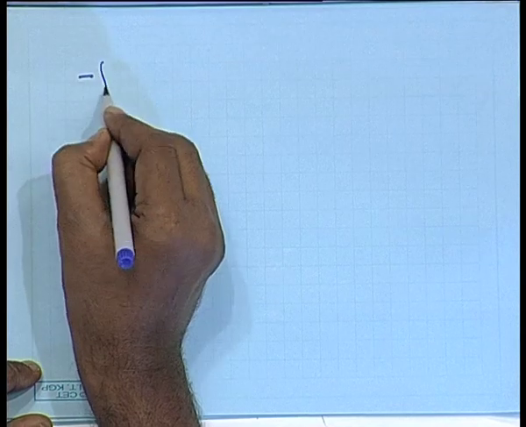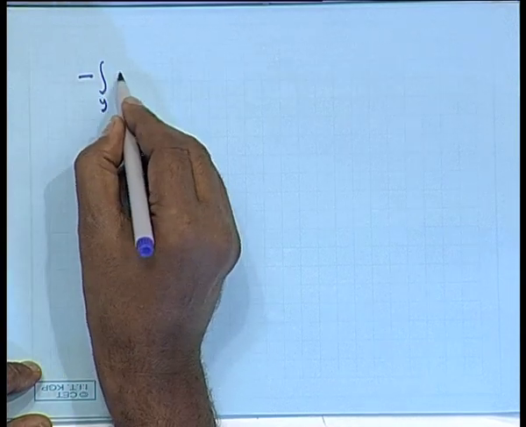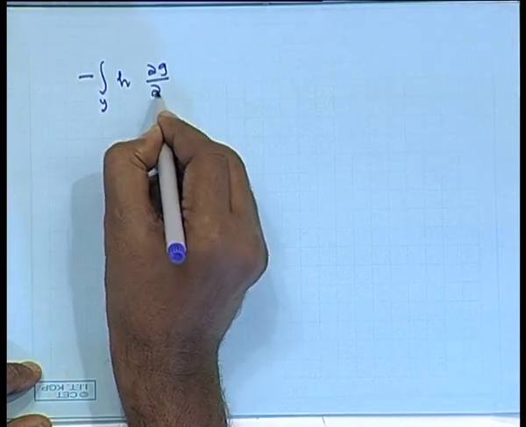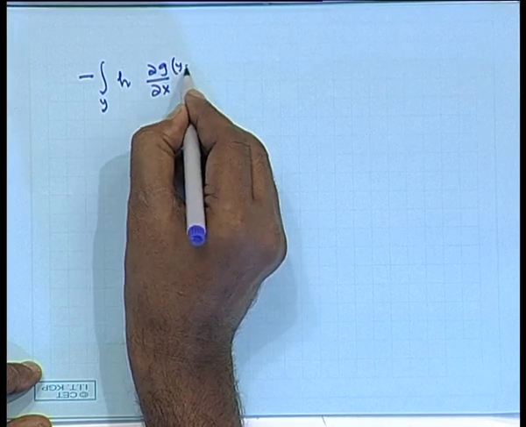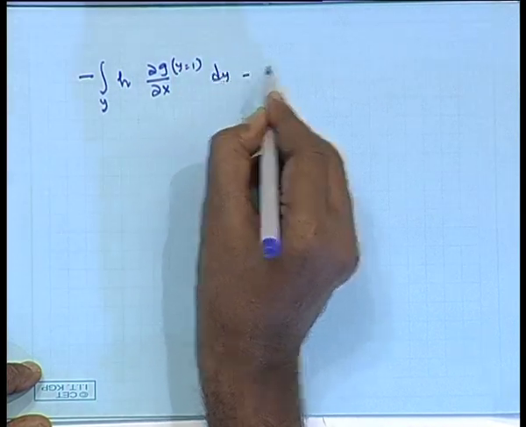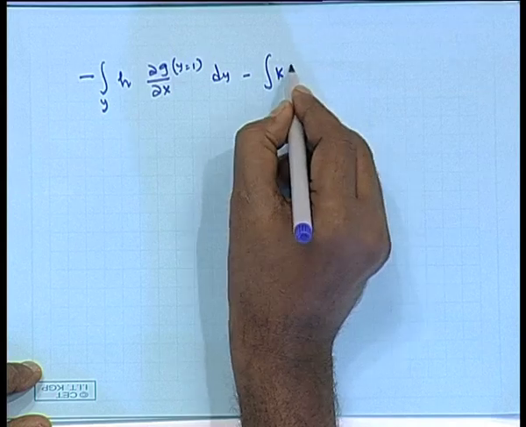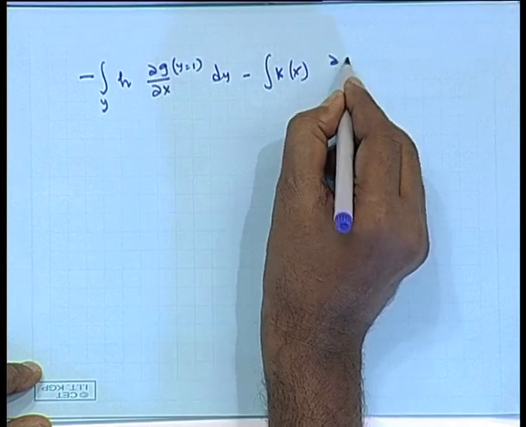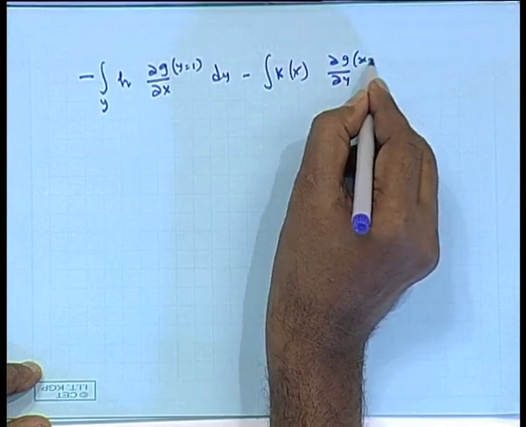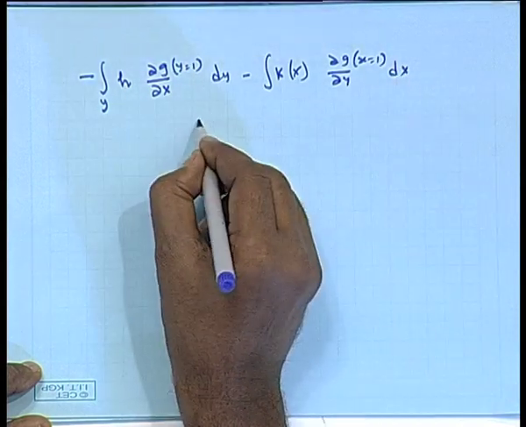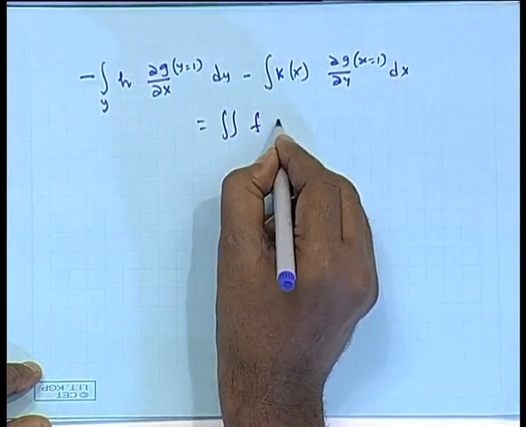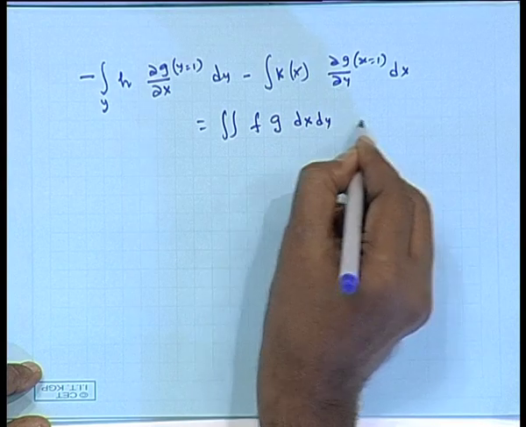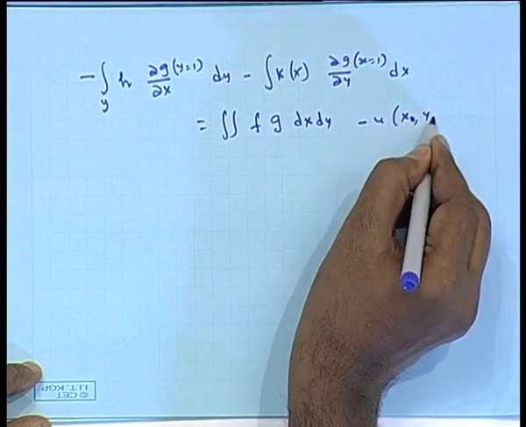Ultimately, you will be getting the integration over y of h del g del x at x equal to 1 dy minus the integration of k(x) del g del y at y equal to 1 dx is equal to double integral f g dx dy minus u(x naught, y naught).